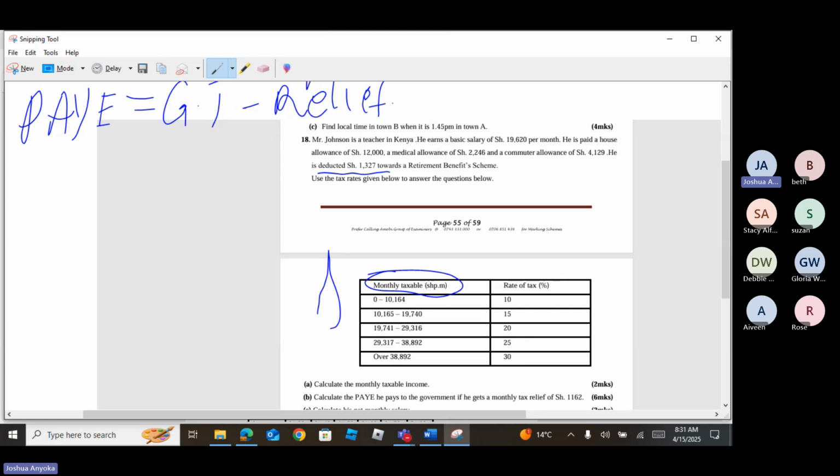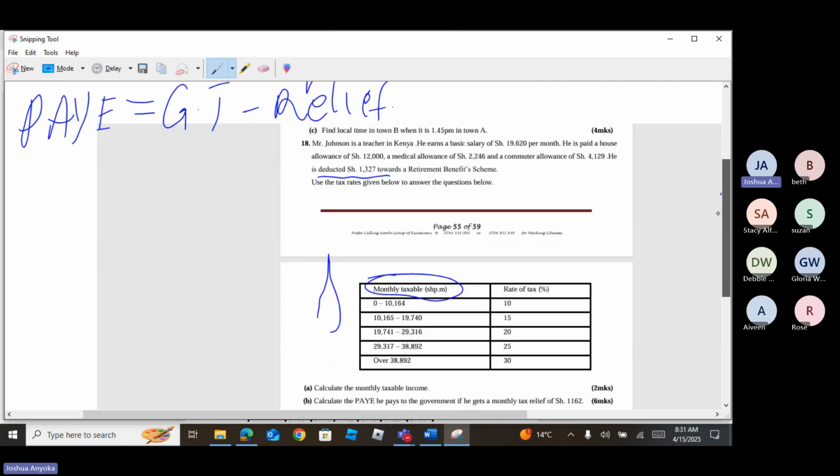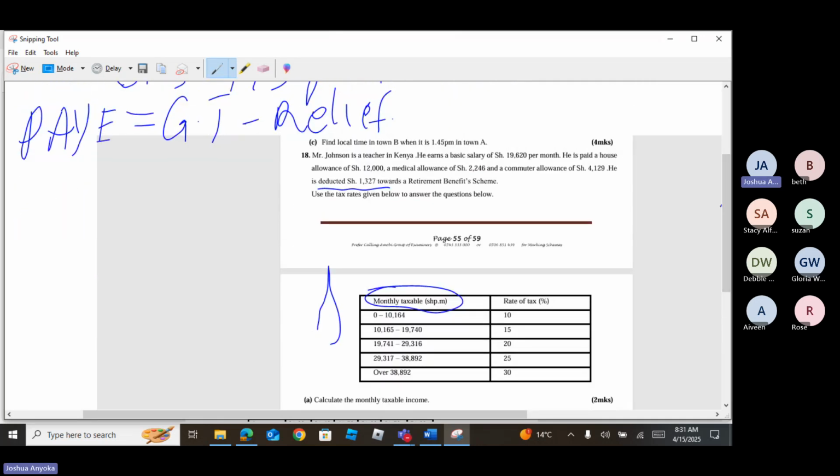Our taxable income, which is 37,995, is per month. So we go with that one. The table informs you in which currency and at which rate of taxation we are working. This amount lies in which band?